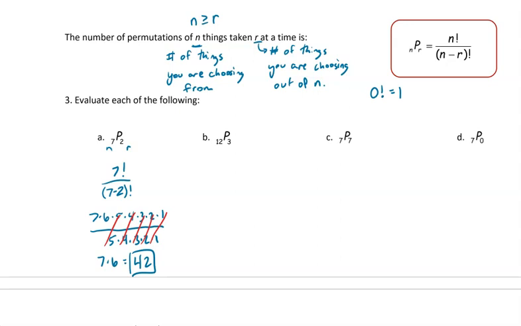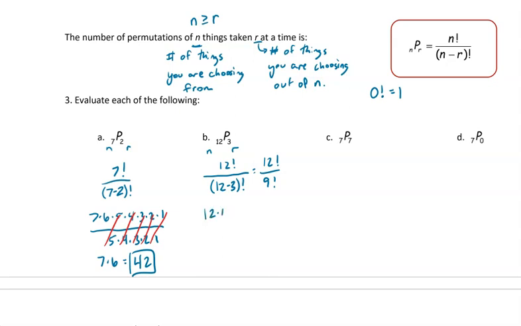All right, let's try the next one. So n is 12, r is 3, so it'd be 12 factorial over 12 minus 3 factorial. So we're going to have 12 factorial, which let me go ahead and just simplify that actually to 9 factorial on the bottom, just to make it a little more clear.